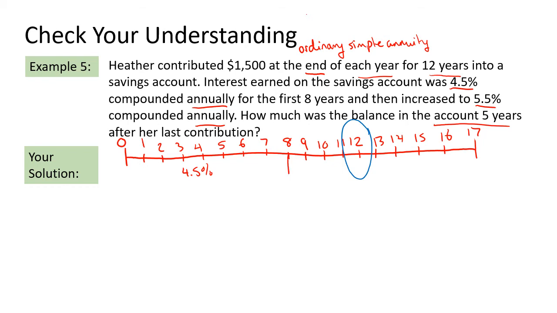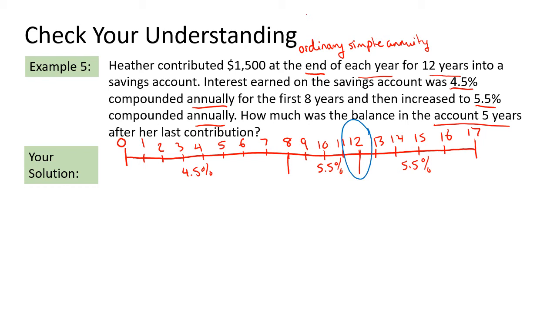So for the first 8 years, she earns 4.5% interest. Then she's going to earn 5.5% interest for the remainder of her annuity, okay, which was 12 years total. And then she's also going to have 5.5% interest for the remaining 5 years to find the balance.